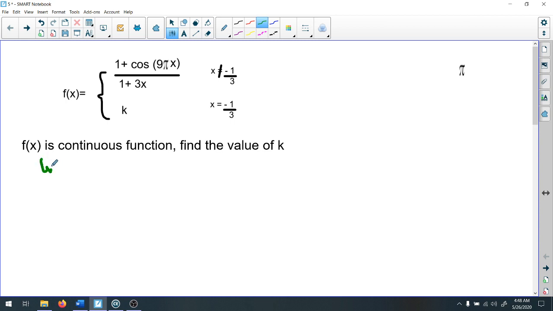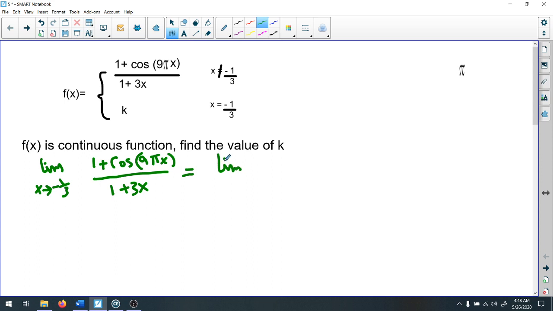The limit, when x approaches negative 1/3, of (1 plus cosine 9 pi x) over (1 plus 3x), that's piece 1. Piece 2 equals the limit of k when x approaches negative 1/3.